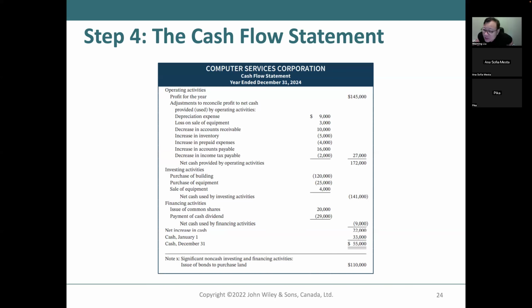So you use the January 1st cash balance, 33,000. And then in that year, you have a net cash increase, 22,000. So now your ending balance of the cash should be 55,000.